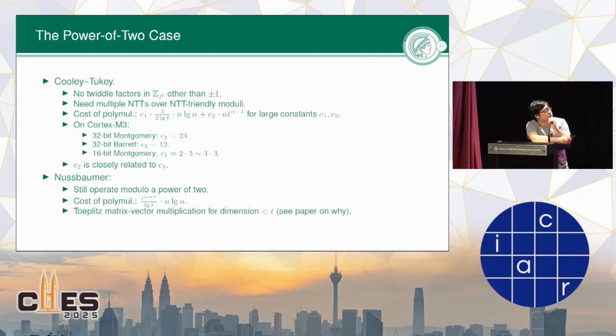Additionally, there's a technique I don't have time to talk about, which is Toeplitz matrix-vector product. If you want to know how it works and why it actually applies to the Nussbaumer case, you can check the paper for details.